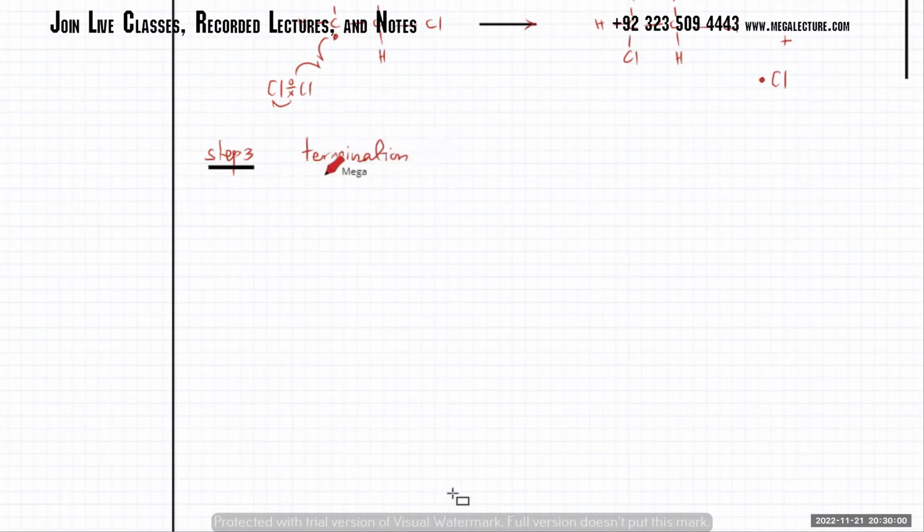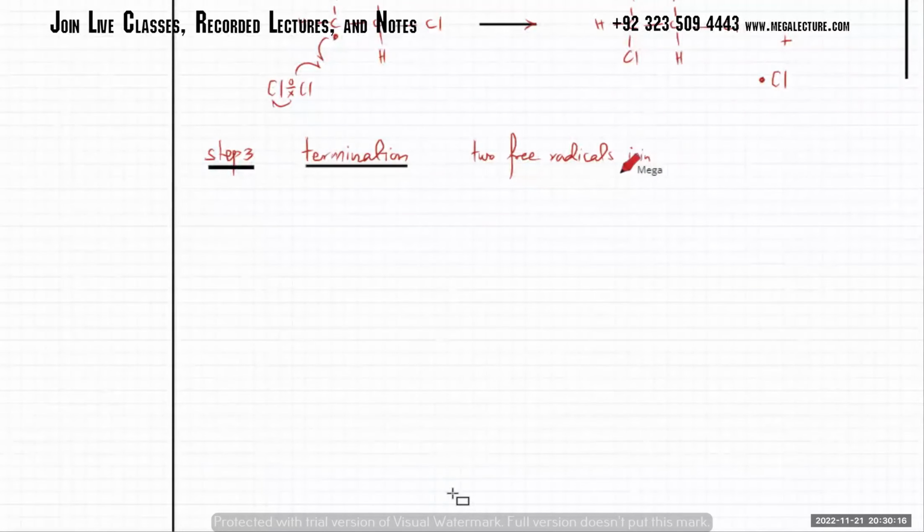So what happens in termination is two free radicals combine. They join.